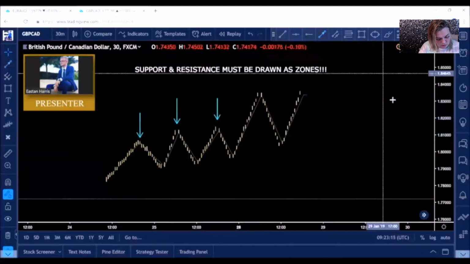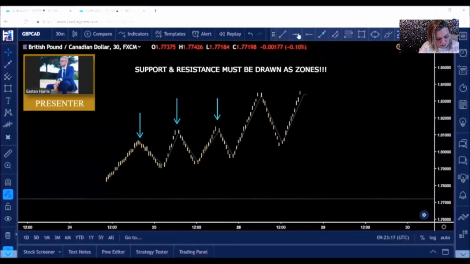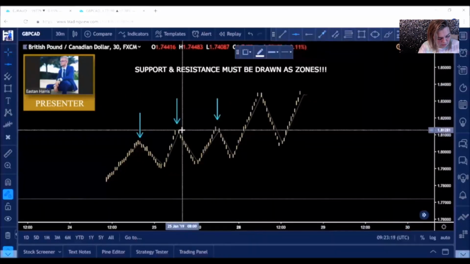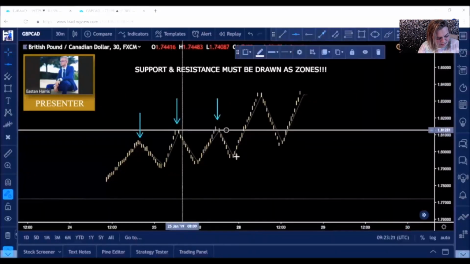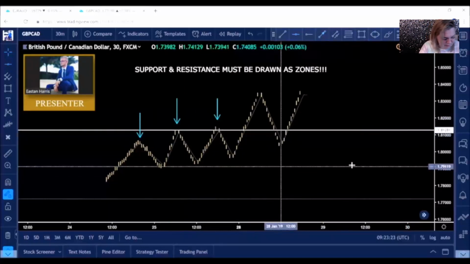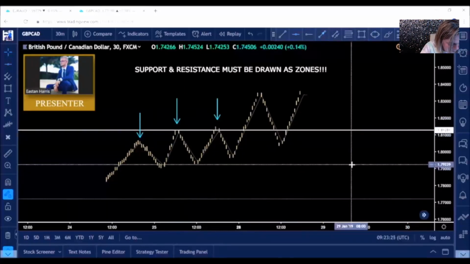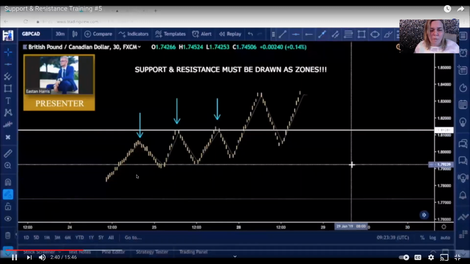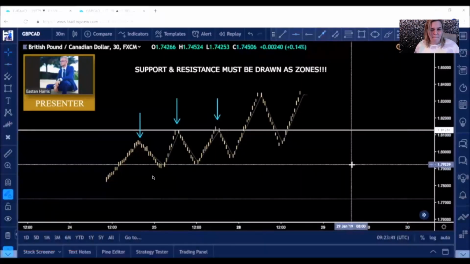Okay, now if we take the line tool and we use this middle peak here, because it's in the middle, and it's just right there in between both of them, so that should work. If we just use this to label where our support and resistance area is at, this will fail.